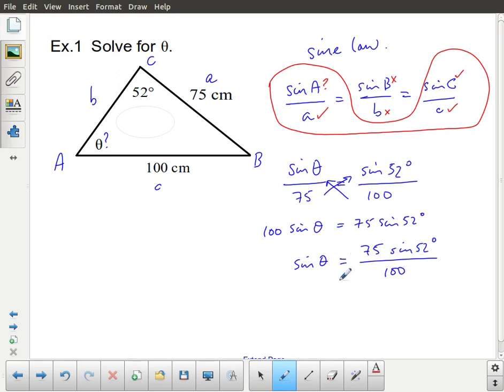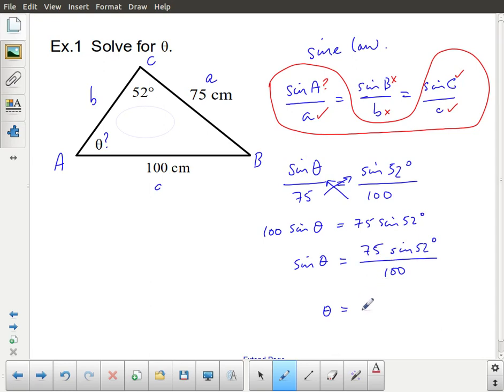And only now would I bother going to my calculator. Since this is a final answer, I'm not using this value of theta for anything else, so I can go ahead and round my answer here. I'm going to round it to 1 decimal place since nothing is specified. So I do 75 sine of 52 divided by 100.